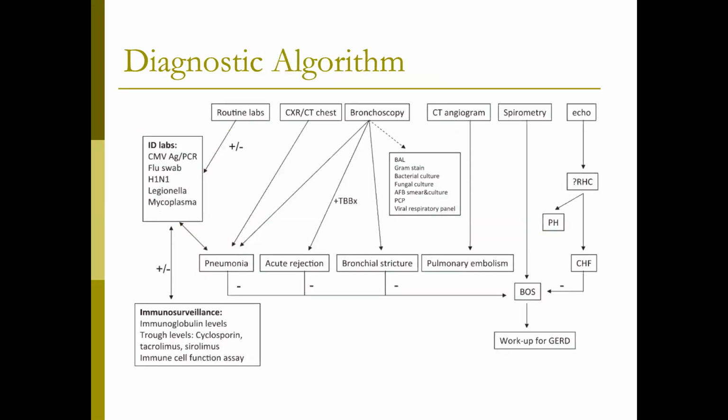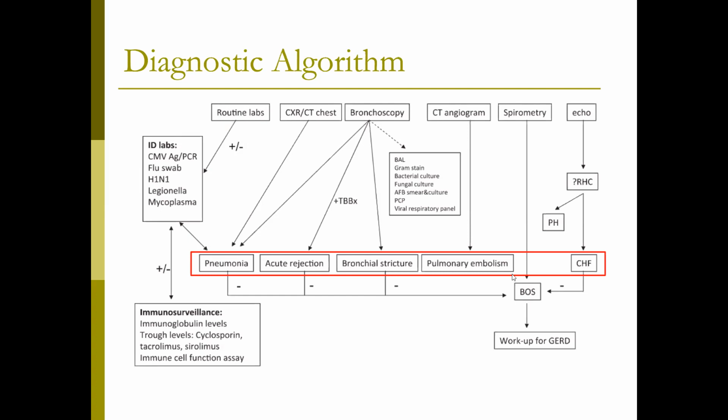Here's a big complex slide with an algorithm to approach someone with shortness of breath or respiratory symptoms. I'm not going through this algorithm. I highlight two things. First, try to rule out all the other possible reasons why this individual may be declining lung function, starting from pneumonia, infection, bronchial stricture, pulmonary embolism, things not necessarily associated with lung transplantation.